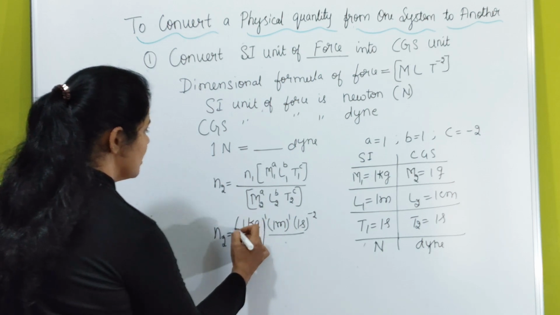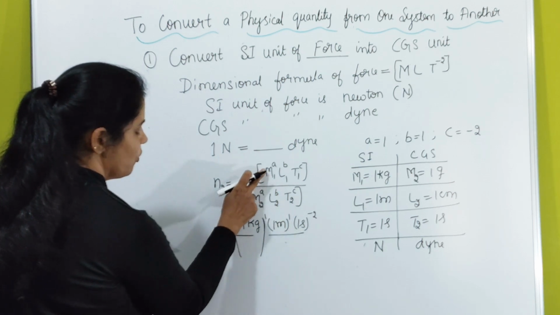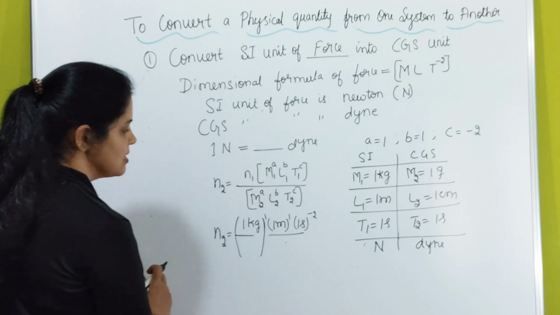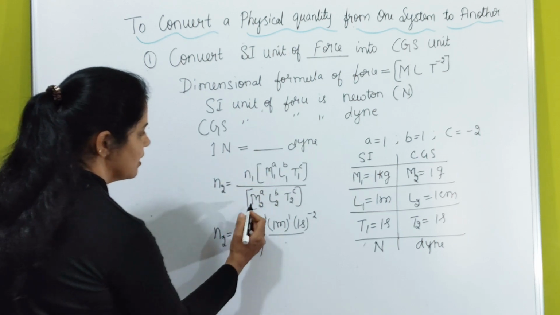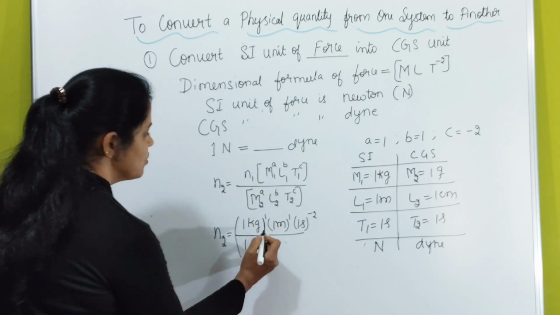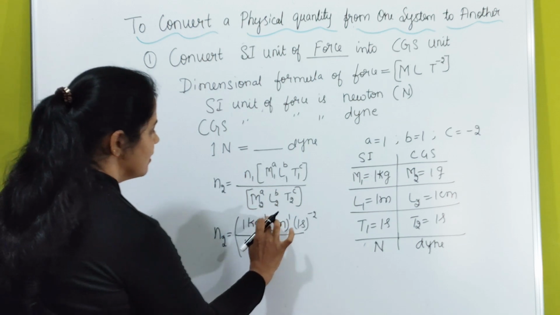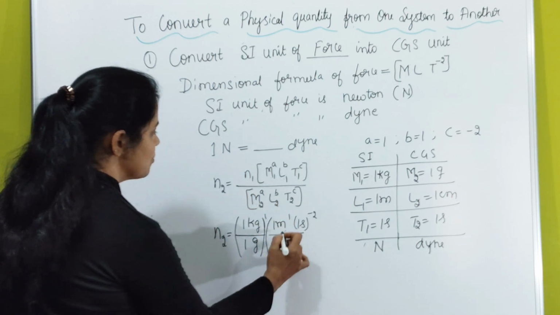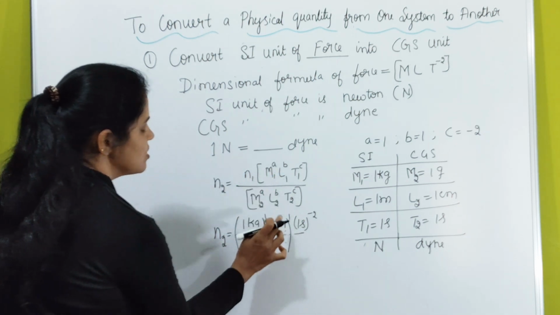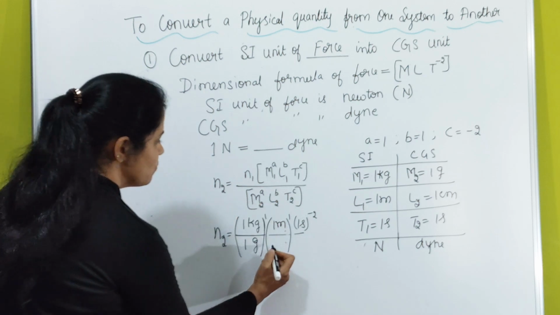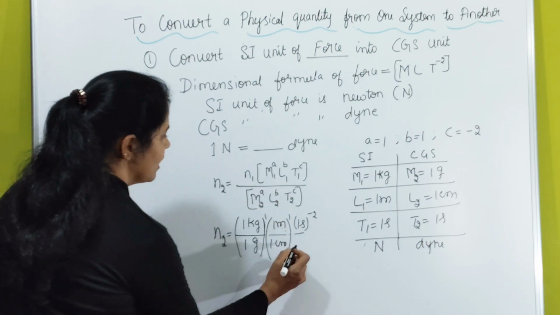Both M1 and M2 have the same power, so let us write together: M2 is 1 gram to the power 1, and L1 is 1 meter and L2 is 1 centimeter to the power 1.